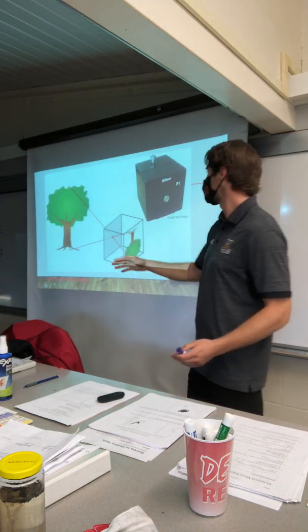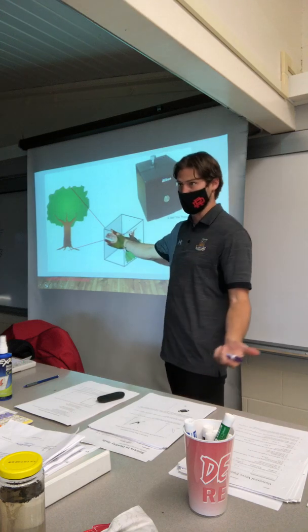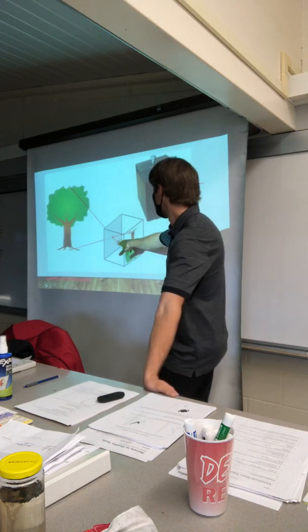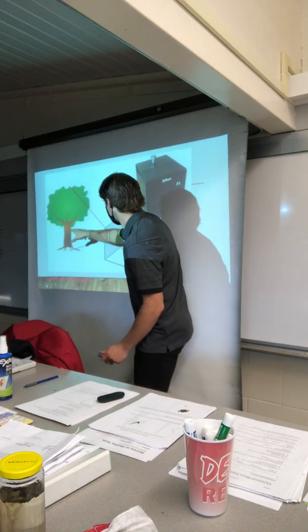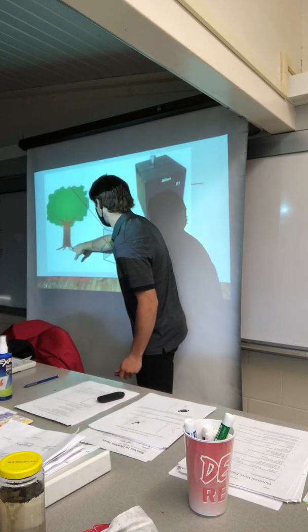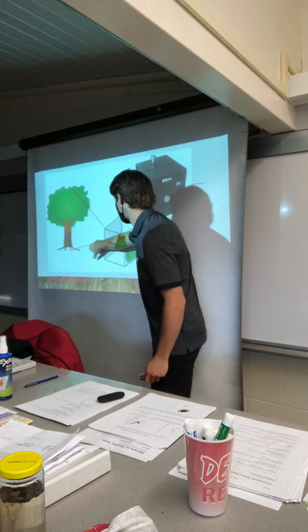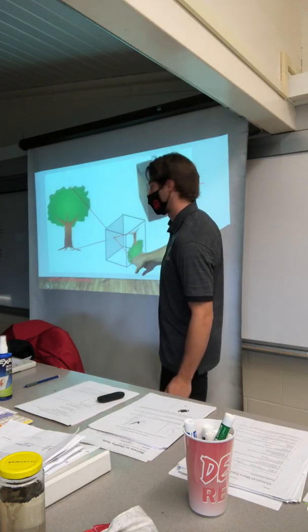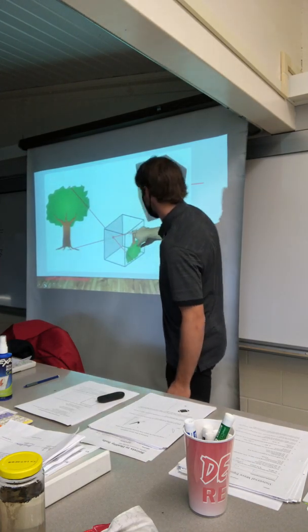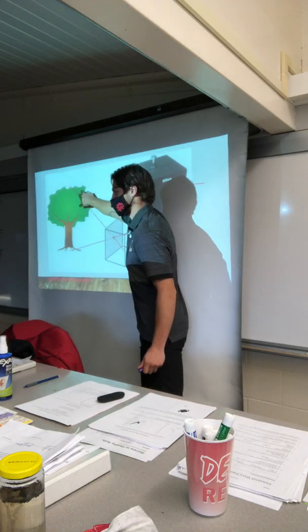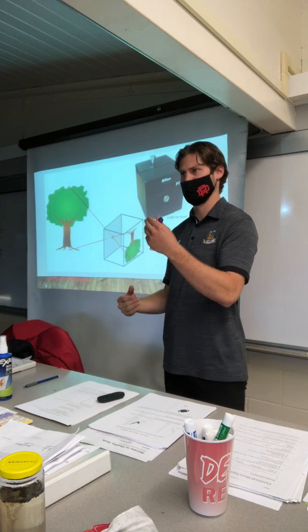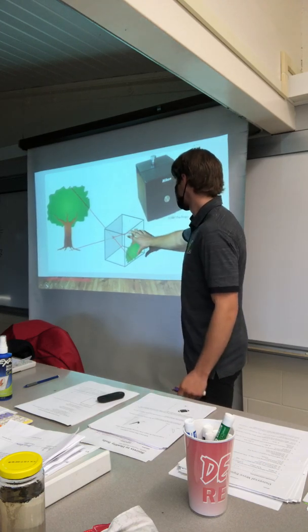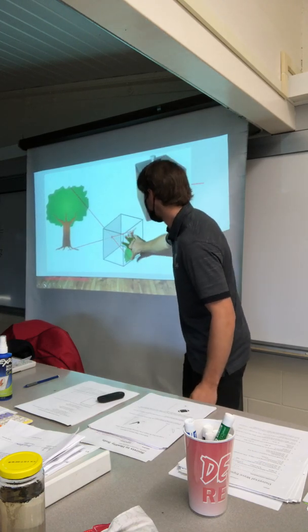There's a tiny little pinhole, and the light enters here. Because of the way it enters, light from the bottom can't come up and then go down here. It travels straight and goes right to the top. Light from the top travels straight and goes right down to the bottom. So we actually get a flipped image. This is what a pinhole camera is, and it proves it because the image is flipped.